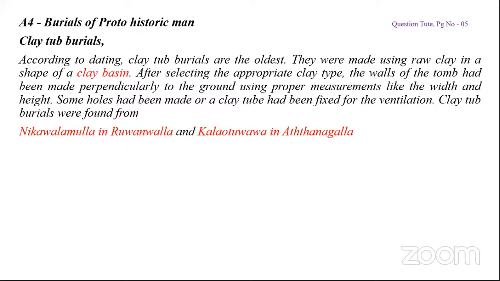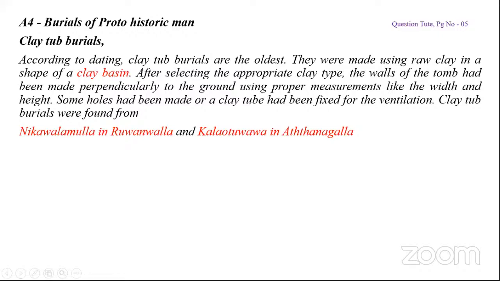According to dating, clay tub burials are the oldest. How do we know that they are the oldest? Some stone tools were there in this clay tub burial. That shows that clay tub burials were the oldest.